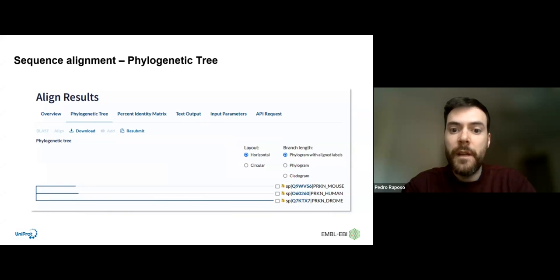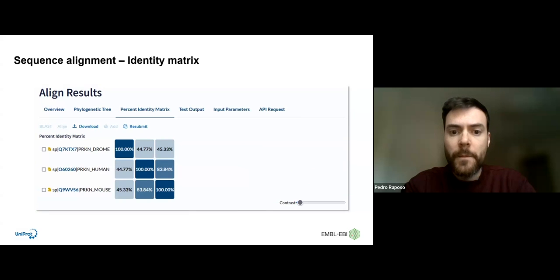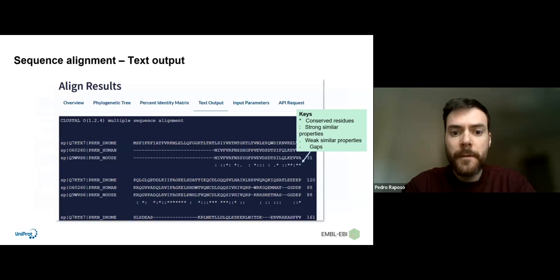On the tab above, you have access to a phylogenetic tree, a percent identity matrix, and a text output format of the alignment that you just did, where the sequences are shown alongside a line of symbols that tells you how the sequence alignment was done at each amino acid position.